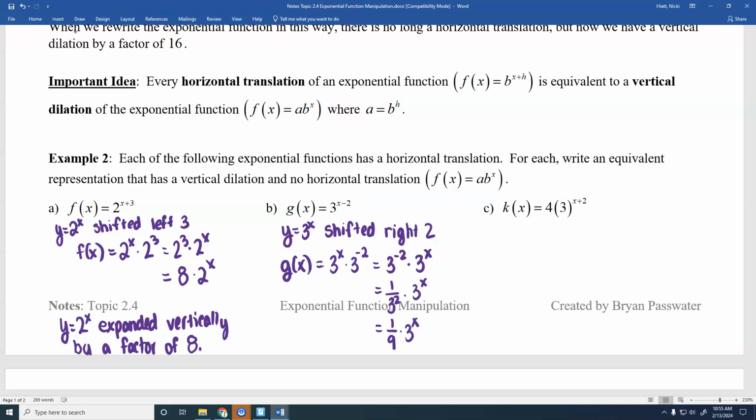So this would be y equals 3 to the x, not shifted right 2, but what? We multiply. So this would not be shifted right. What would this one be?